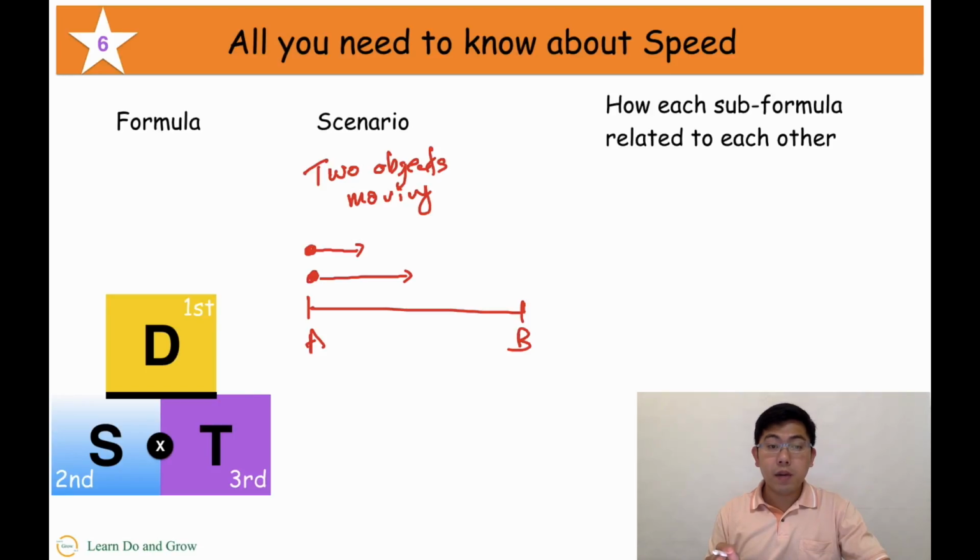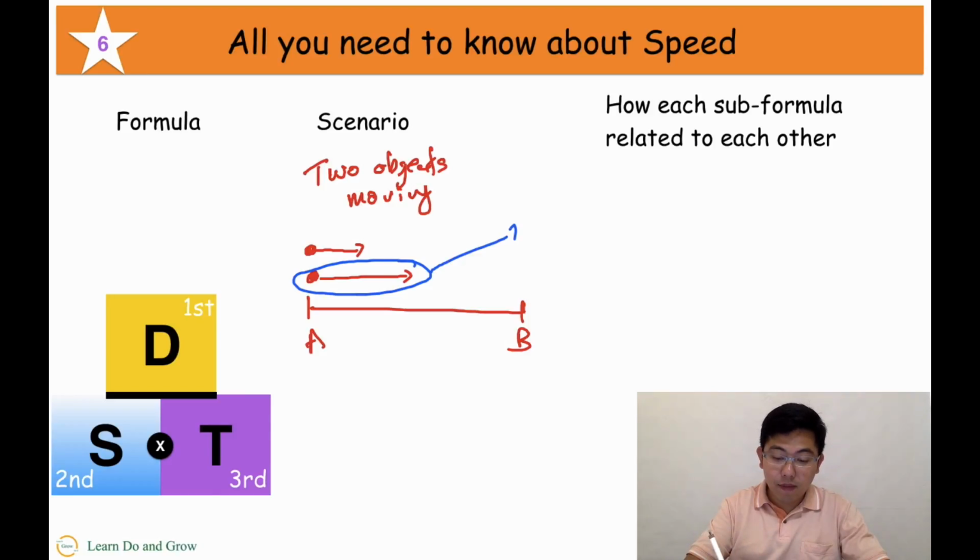For this kind of scenario, it is the same thing. For this one, there must be a specific distance it covers. I call it d1, and it travels at a certain speed s1, and it takes a certain time t1. While this object also travels, I call it d2, s2, and t2.